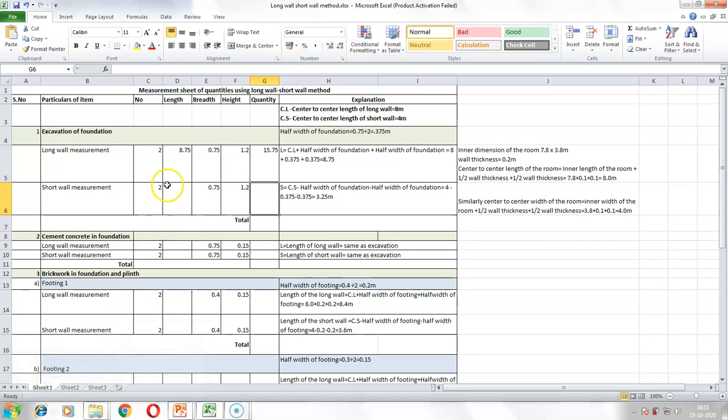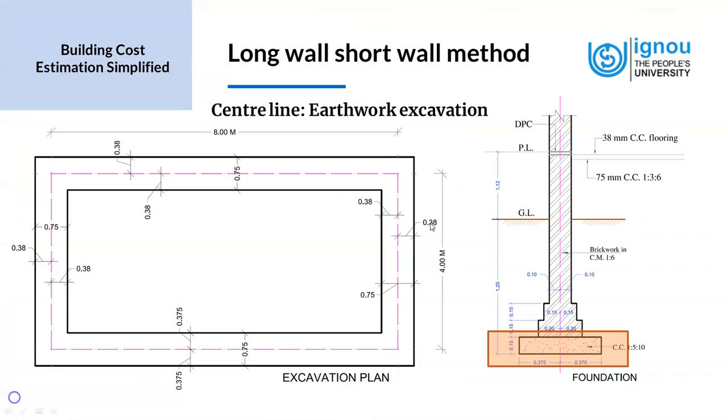Now let's go back and see how we get the short wall measurement. For the short wall measurement, we saw that it is from inner to inner, which means it will be from this point to this point. That is why we get the short wall. Now, because we are making the references with respect to the central line, this 4 meters from the central line of the short wall is actually extra.